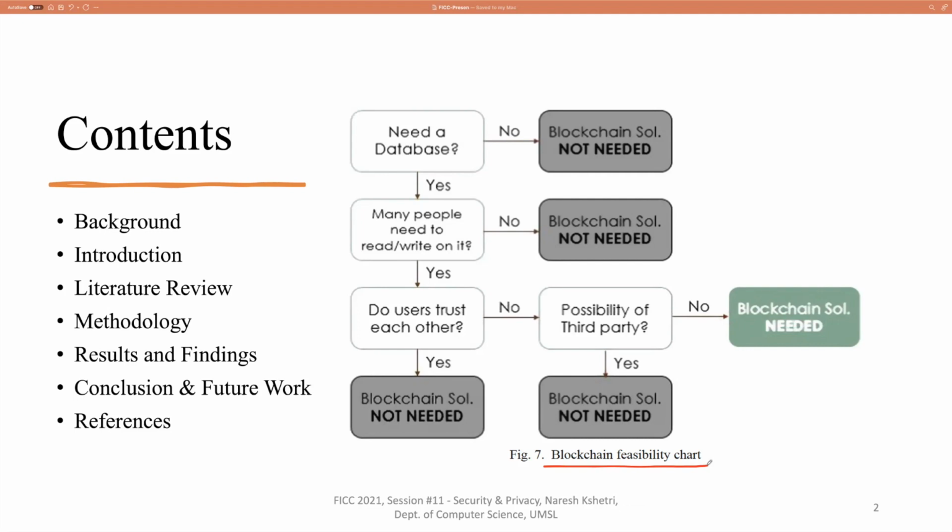So it is a flow starting from the need of a database. There is the need of the database, and ultimately it helps to find out whether a blockchain solution is needed or not. When the answer is yes, and when it is no, it answers the need of the blockchain.